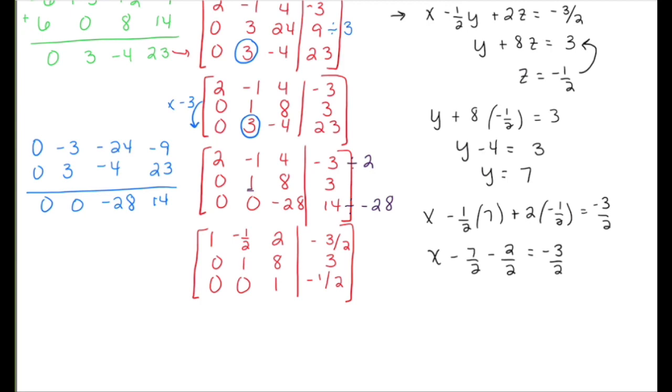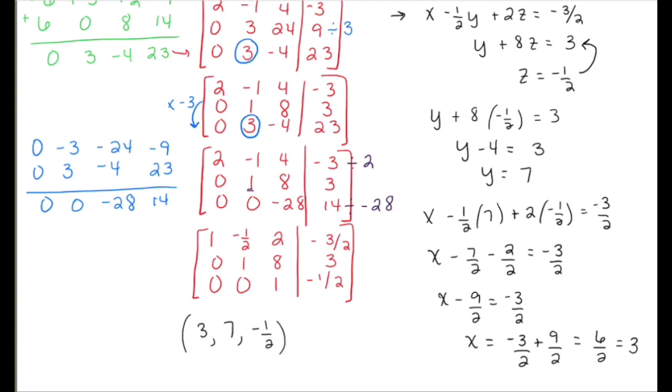Notice they all have a common denominator, so I'm just leaving them that way. X minus 9/2 is negative 3/2. Adding 9/2 to both sides, I'll have negative 3/2 plus 9/2, or 6/2, which is the same as 3. So we found our x value is 3, we found our y value is 7, and our z value is negative half.